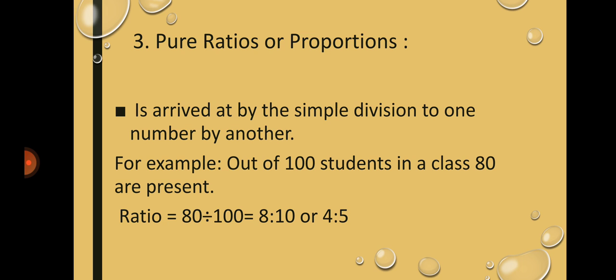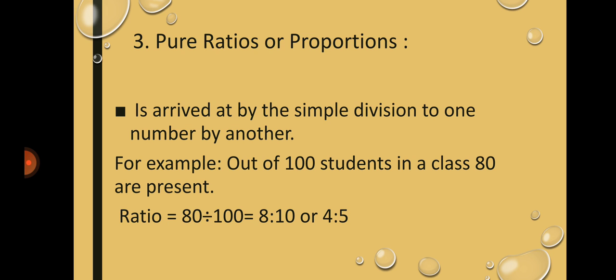Again, we will be continuing here the same example. Out of 100 students in a class, 80 are present. So therefore, the ratio will be 4:5. Here you can check the meaning: proportion or pure ratios will be arrived at by simple division of one number by another.